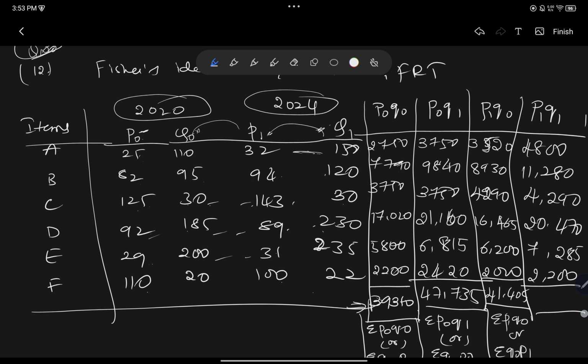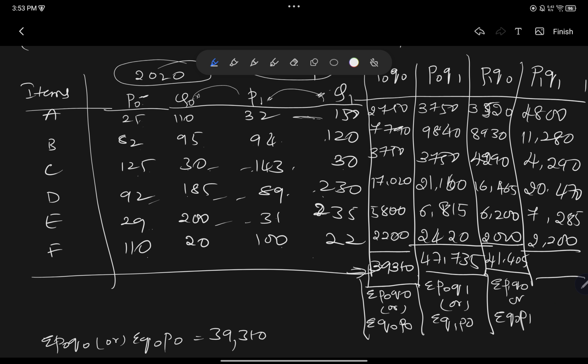So now the total of this is 4800 plus 11,280 plus 4290 plus 20470 plus 7285 plus 2200, which is 50,325.